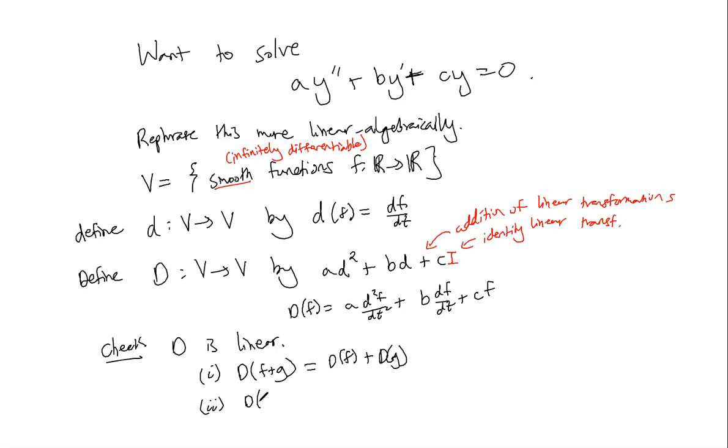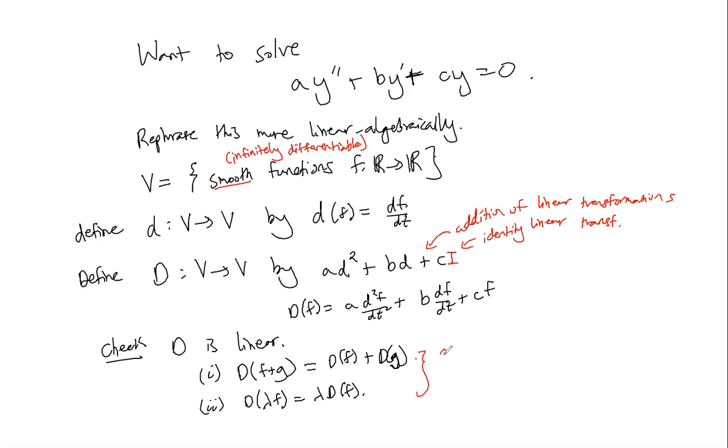And we need to check that it respects scalar multiplication. I won't use C because we already have a C. D of lambda f. So we need to check these two properties, and the proof is essentially the same. It's just because derivatives are linear.